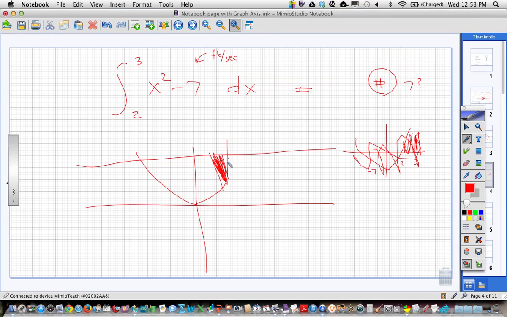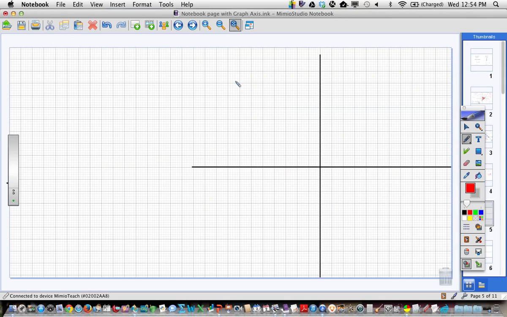Okay, so let's assume, because, well, that's why I said I didn't know if this is negative or not, right? Remember when we do area between curves, it's always positive. So let's assume, let me redraw that. So let's assume here's our parabola, here's y equals 7, and here's 2 and 3 out here. So here's 2 and 3, so out here and out here, so we would have this region right here, and it would be that region right there.